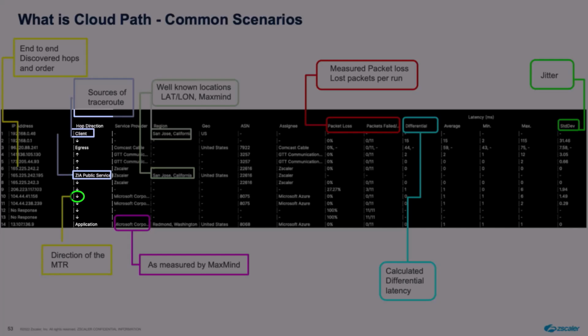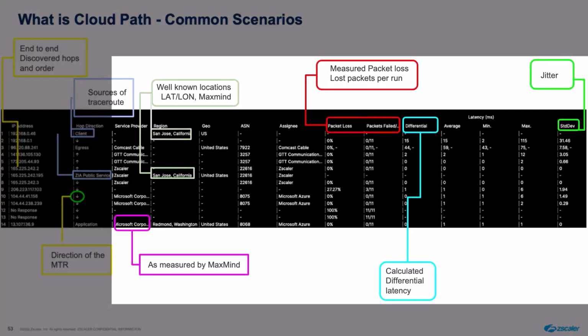There are also ISP names and Zscaler locations, which are derived from device location information and from our integrations with the MaxMind database. Other information which we see here is the BGP ASN information, the packet loss, the latency information, and we have the standard deviation, which is the jitter information.